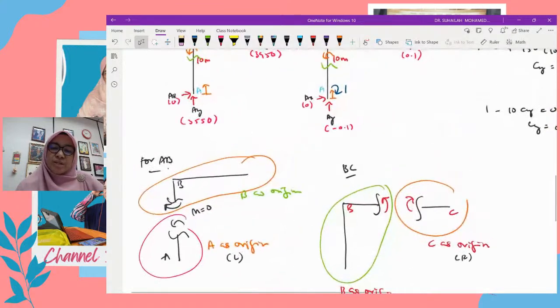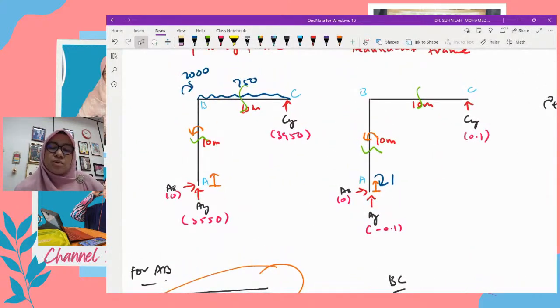So go back to the question. Whenever we want to write the moment equation, make sure we choose the shortest section or the easiest way. For example, by looking at this diagram, for member AB, the shortest section is when the origin is A. And for BC, the shortest section is when we choose C as origin.